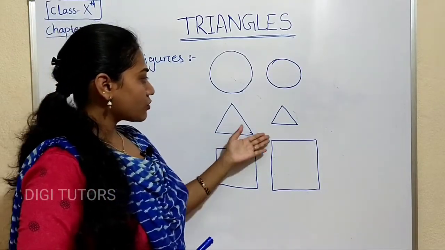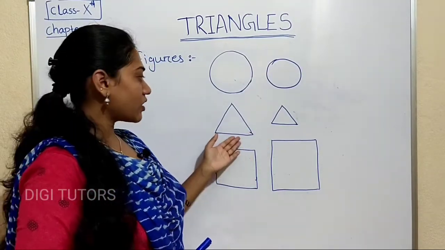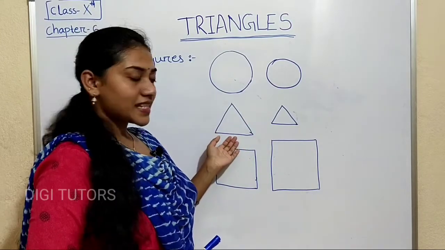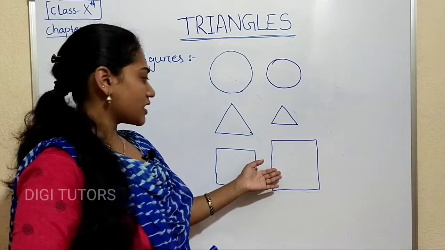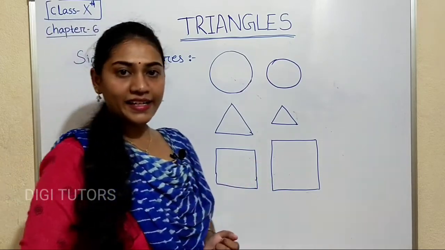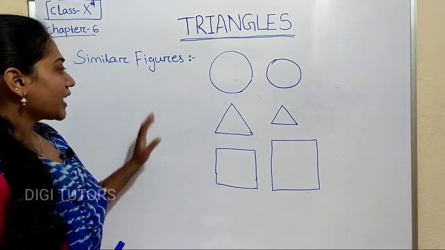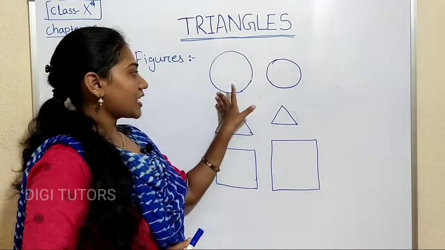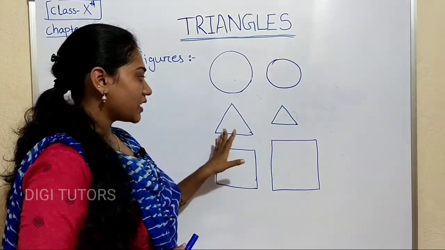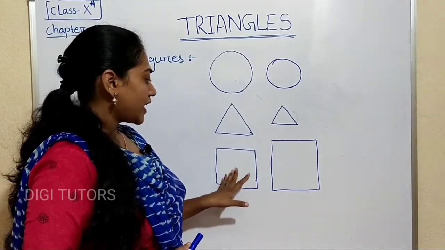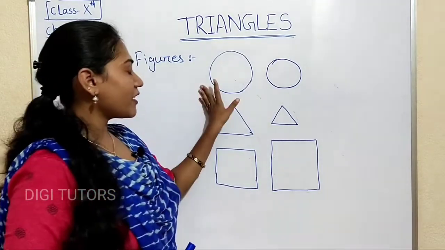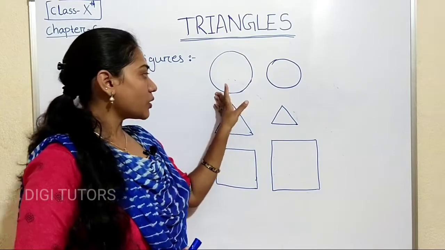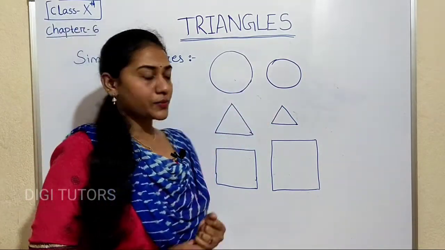Likewise, these two triangles are not congruent because they don't have equal side lengths, and these squares are also not congruent because they have unequal side lengths. But we can say that these figures are similar. These two circles, two triangles and two squares are similar because they have the same shape but not necessarily the same size.